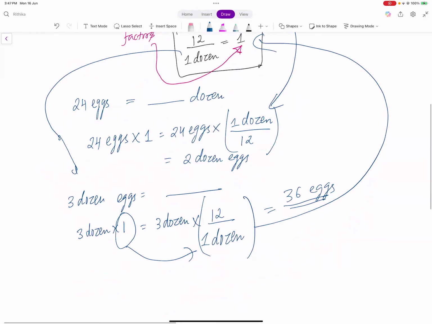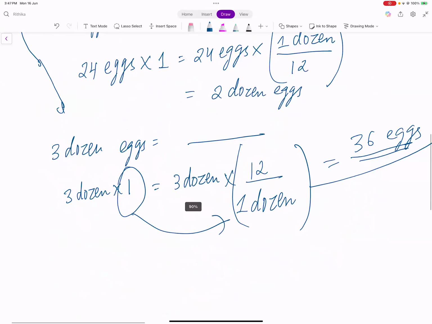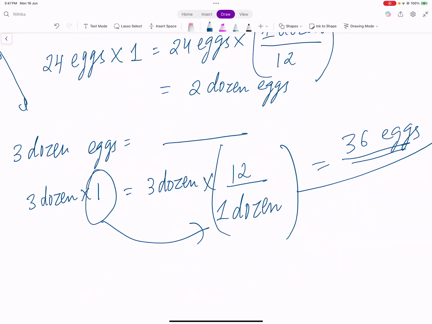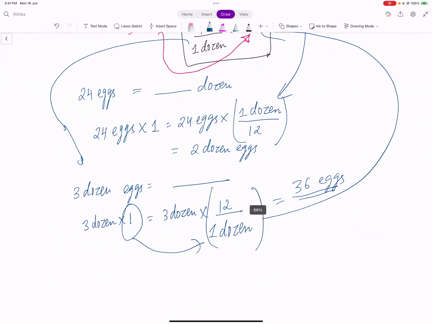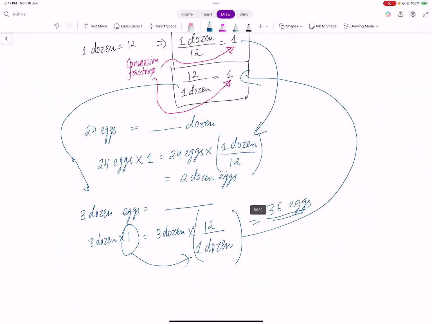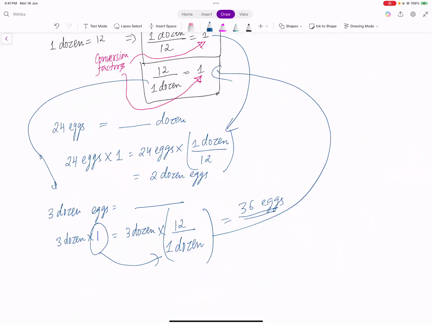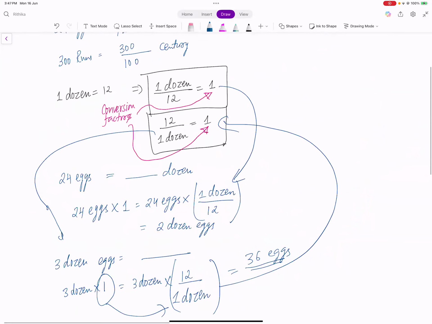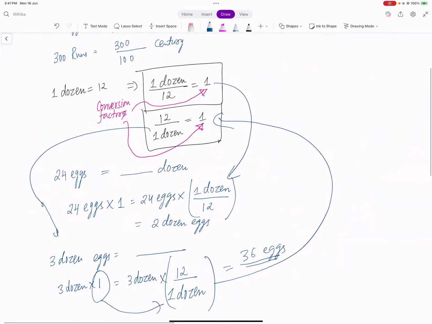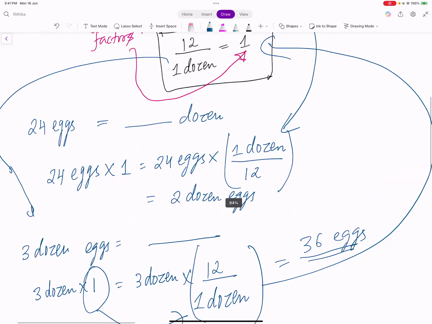I have the class after it. Anyways, we will continue. So now see what we have done. I multiplied this by 12. If I have to convert 3 dozen into a number, which conversion factor am I using? I'm using the one where the dozen is in the denominator, because I want the dozen to cancel out.